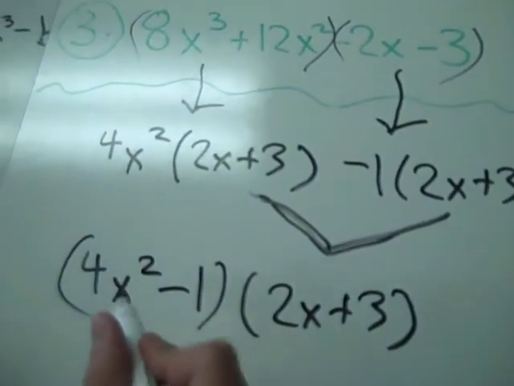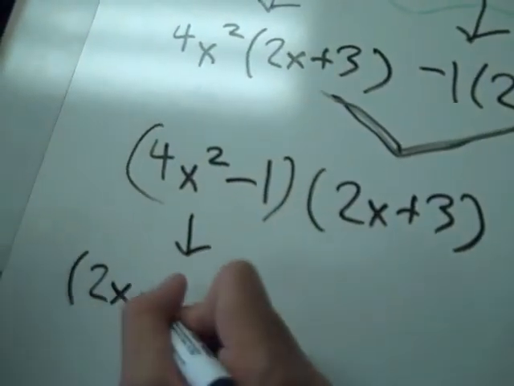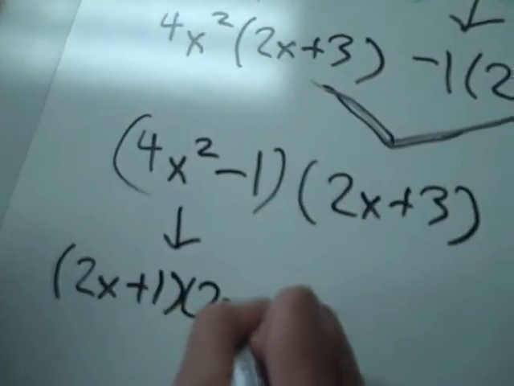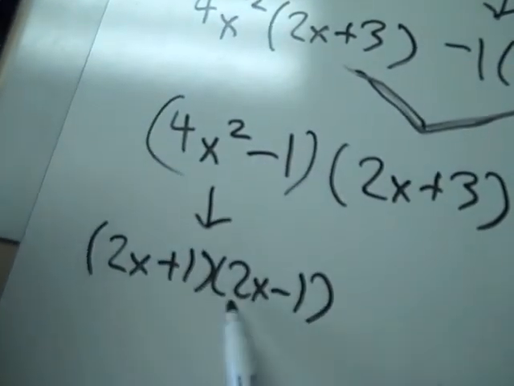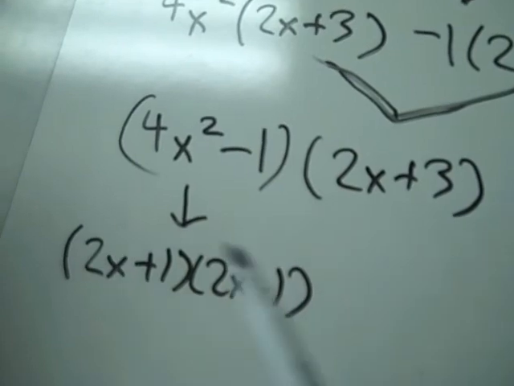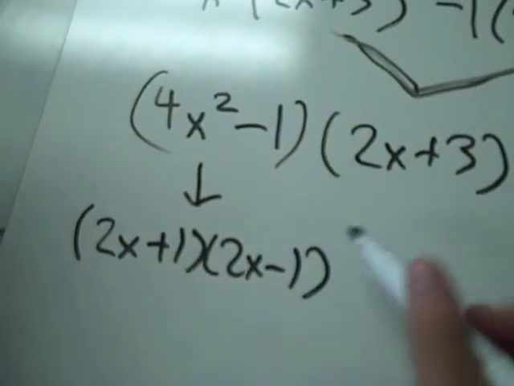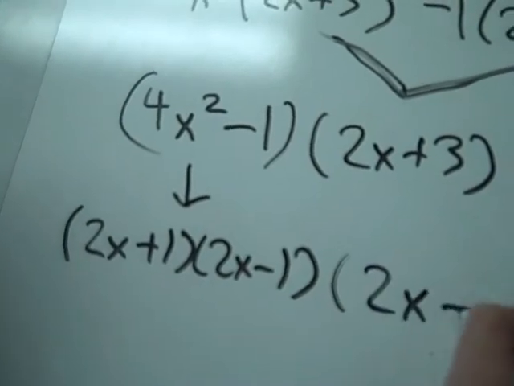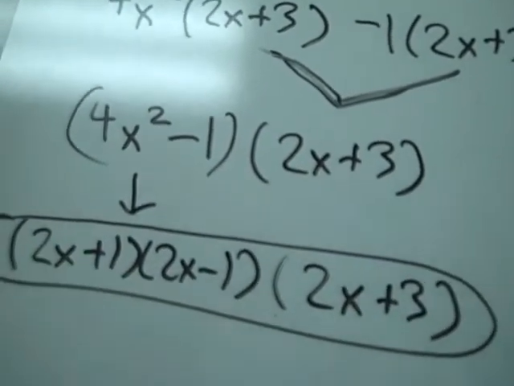Then you can still factor this equation by foiling, 2x plus 1 times 2x minus 1, because 2x squared is 4x squared plus 2x, and minus 2x is 0. And then 1 times -1 is -1. Then you multiply by 2x plus 3. This is your final factored form.